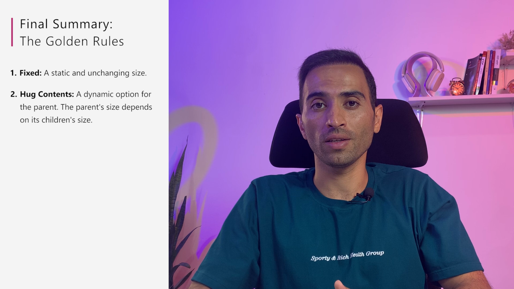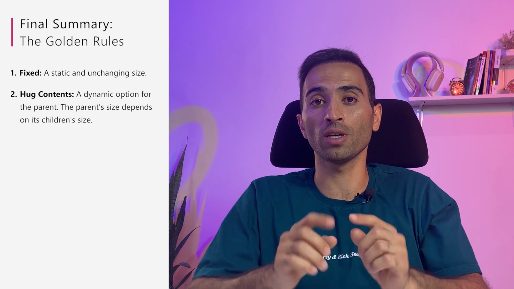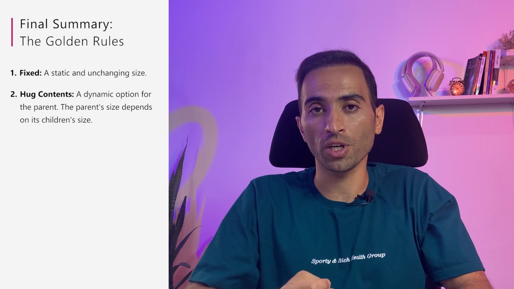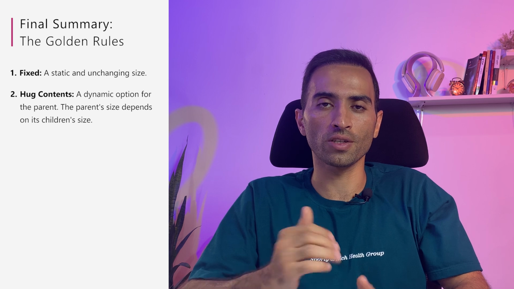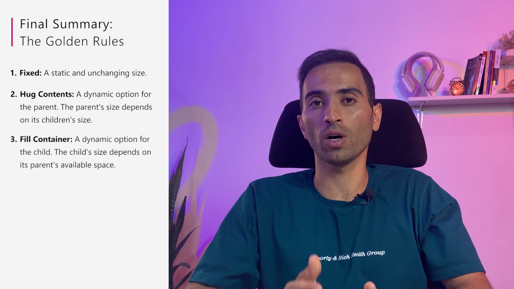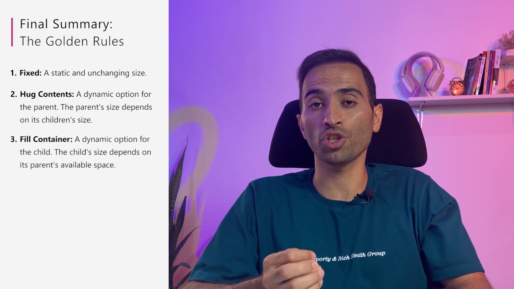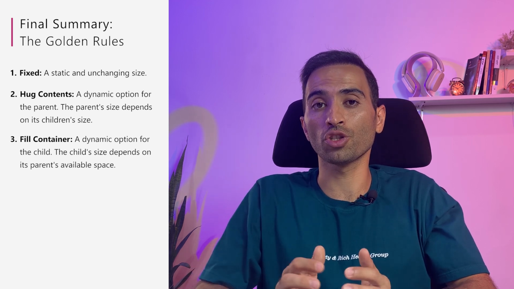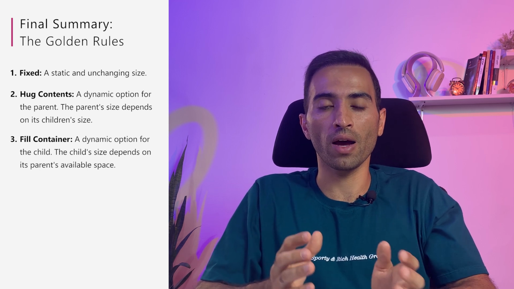Hug content is a dynamic option for the parent, actually the outer frame. With this option, the parent size depends on its children's size, and the last one was fill container, which is a dynamic option for the child. With this option, the child size completely depends on its parent's available space.